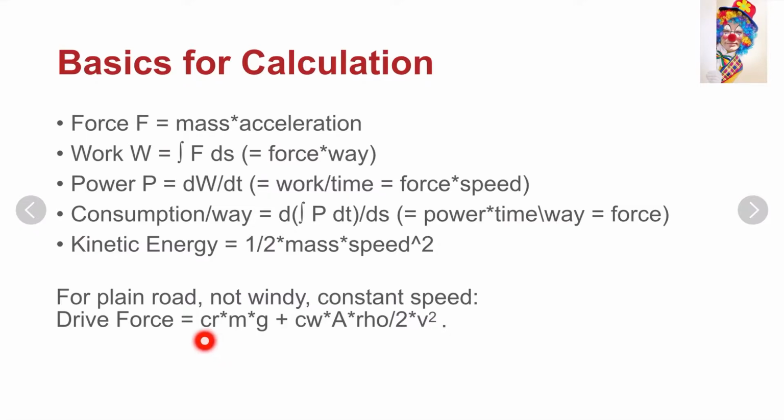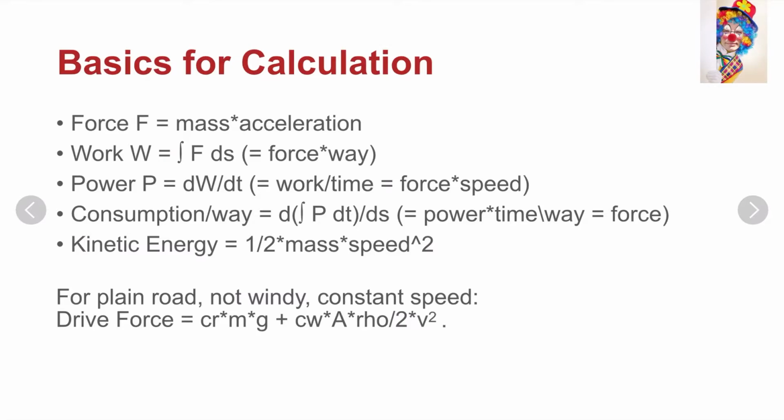And you see here, CR is the rolling resistance coefficient, M is the mass, G is the gravity acceleration, CW is here the wind coefficient or the drag coefficient, A is the front area of the vehicle, Rho, this is the air density, and V is the speed.